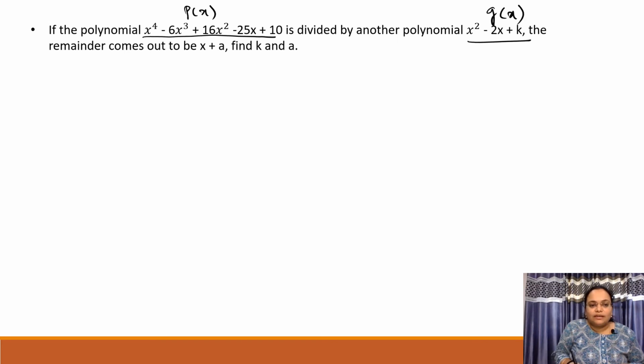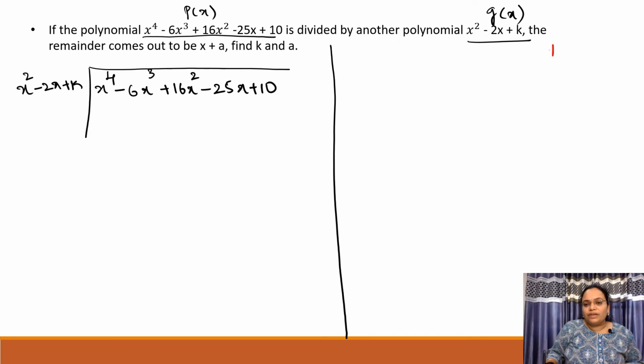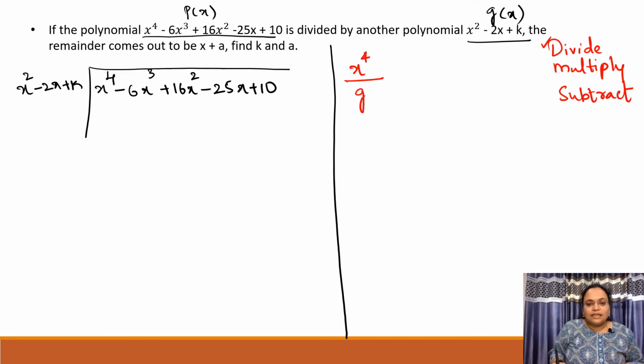Now let us divide. First, what we need to do? We need to divide, then multiply, and then subtract. First, we take the first term of p of x and divide it by the first term of g of x, which is x power 4 by x square, giving x square. This x square you will multiply with g of x, that is x square minus 2x plus k.